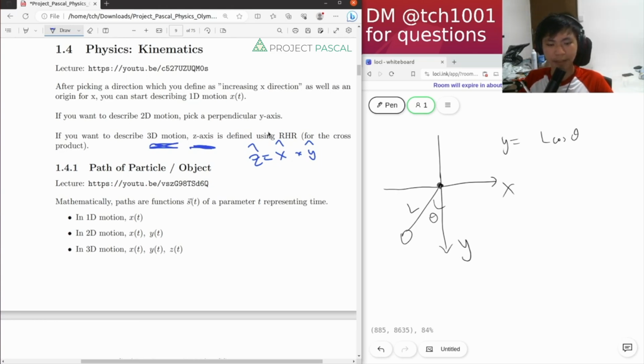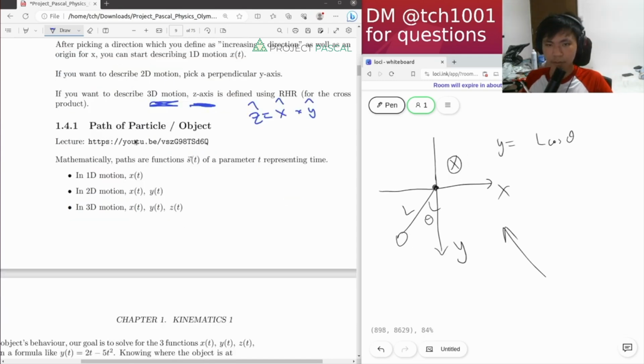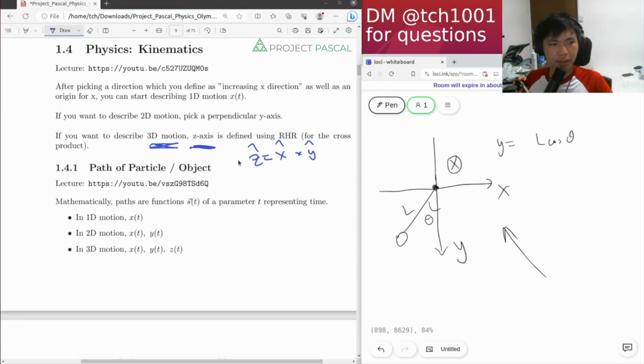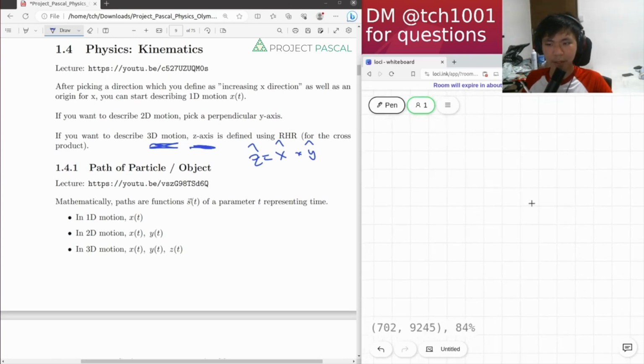You must pick a perpendicular direction for y, but it's up to you whether you want to choose it to be upward increasing or downward increasing. But the moment you make the choice for these two directions for x and y, you cannot make the choice anymore for z. In this example, z will automatically be fixed to be into the page increasing by the cross product rule. So with that out of the way, the moment you choose increasing directions for x and y and z, you can describe the motion using functions.